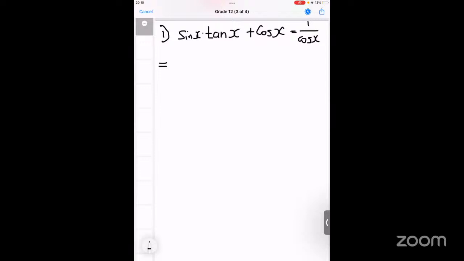So wouldn't we have to change the tan to sine over cos? Okay, so that means we have sine x over cos x, and then we have cos x there. Yes, sir. And then we put the first sine x over 1 and the last cos x over 1. Wait, what do I write?